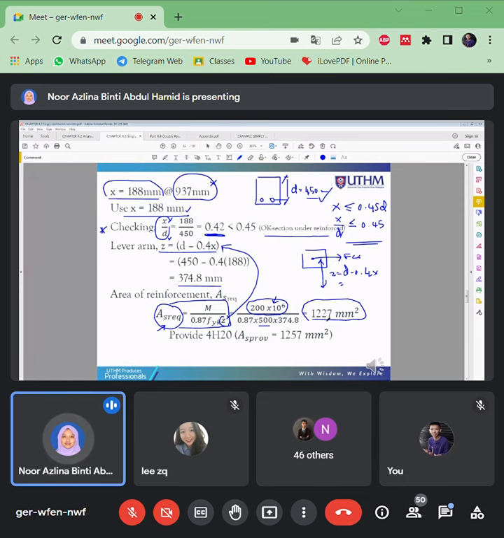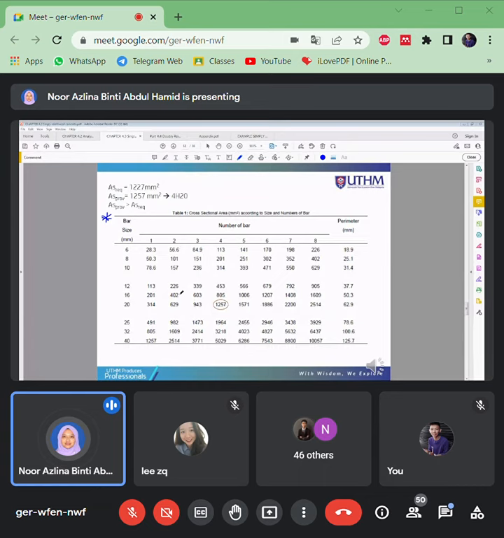Area required is 1227. So you look at all these areas. Okay, let's say 1 bar of reinforcement with a diameter of 6. You can calculate, on power of 2, so how much? If 1 bar gets an area of 28.3, if you multiply by 2, you get 56.6. Same too, different sizes here.